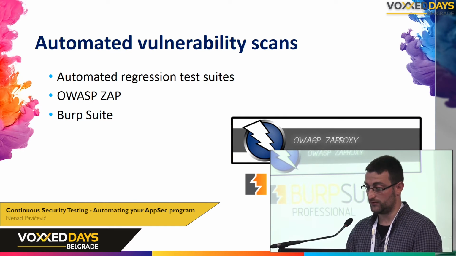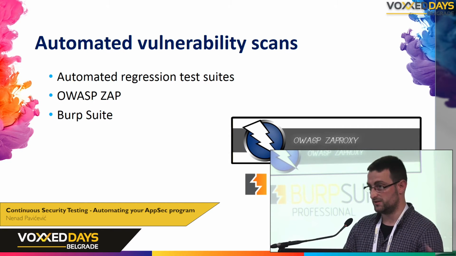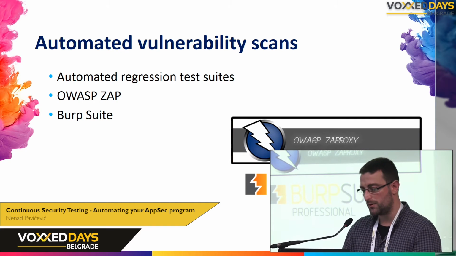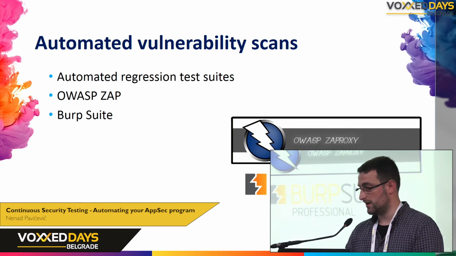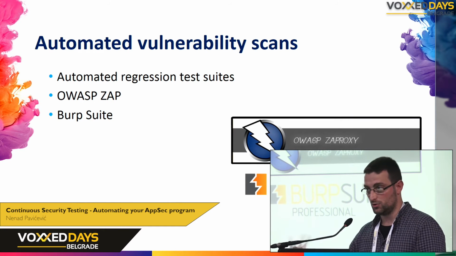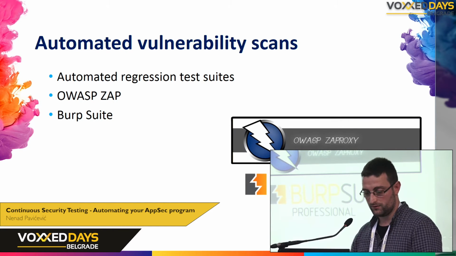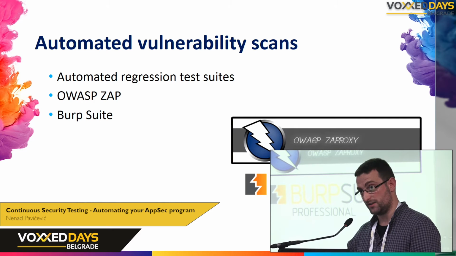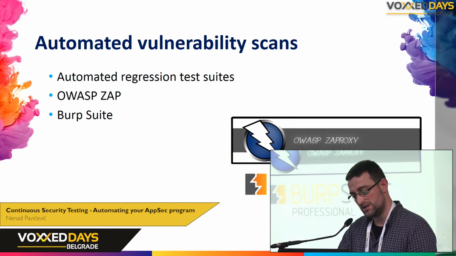These tests, if they are written well, and usually they are, because the team that built the app usually knows what the app does and what the endpoints are, and they have tests for it, and you can run them through the proxy and discover all the endpoints you need.